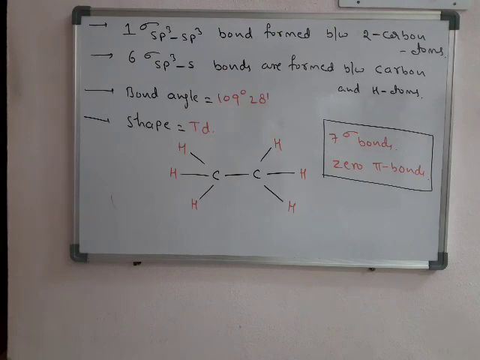C2H6 is treated as an organic molecule, a perfect hydrocarbon. In this type of molecule, questions are generally asked on how many sigma bonds and how many pi bonds are present. Here totally 7 sigma bonds and no pi bonds. Only if a double bond exists is there a possibility of pi bonds. All are single bonds, so all are sigma bonds only. Okay, tomorrow we will see some more examples.